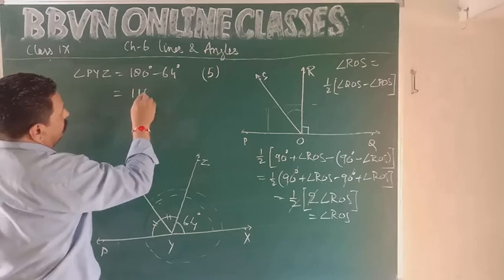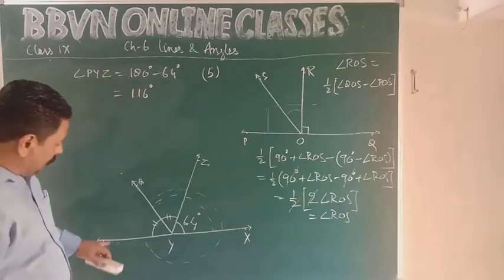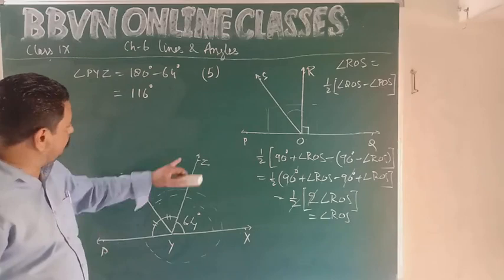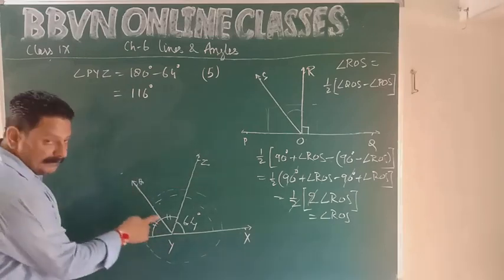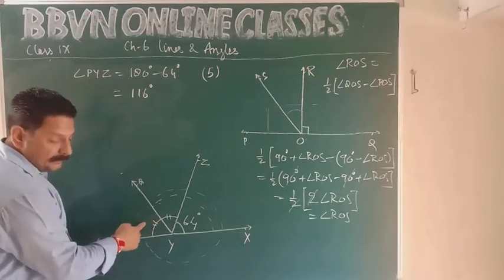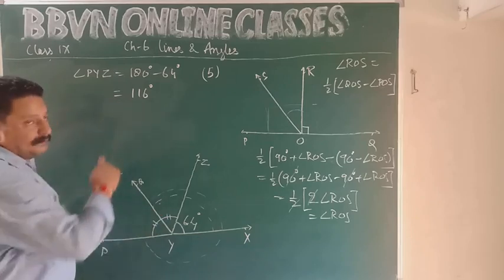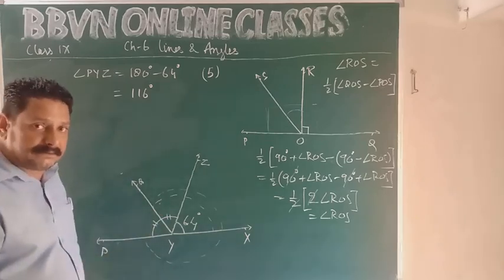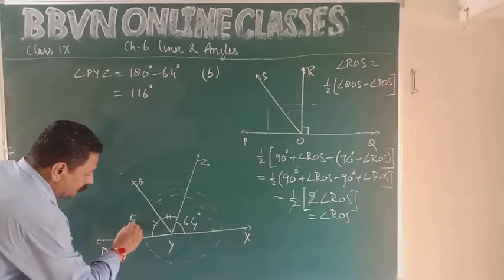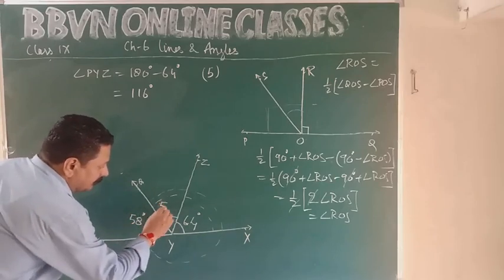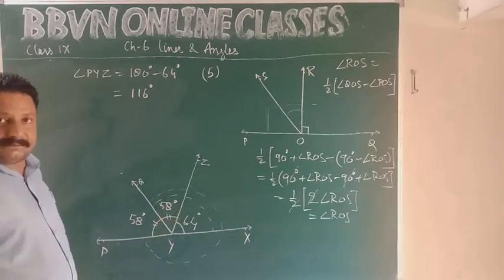That is 116 degrees. Now angle PYZ is bisected by ray YQ, 2 equal divisions. So each angle will be half of 116. What is half of 116? 58. So this is 58 degrees. This is also 58 degrees.